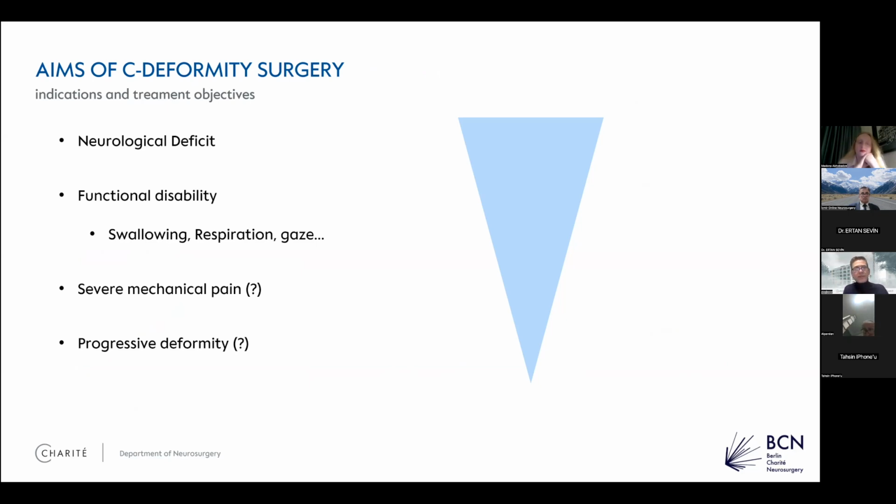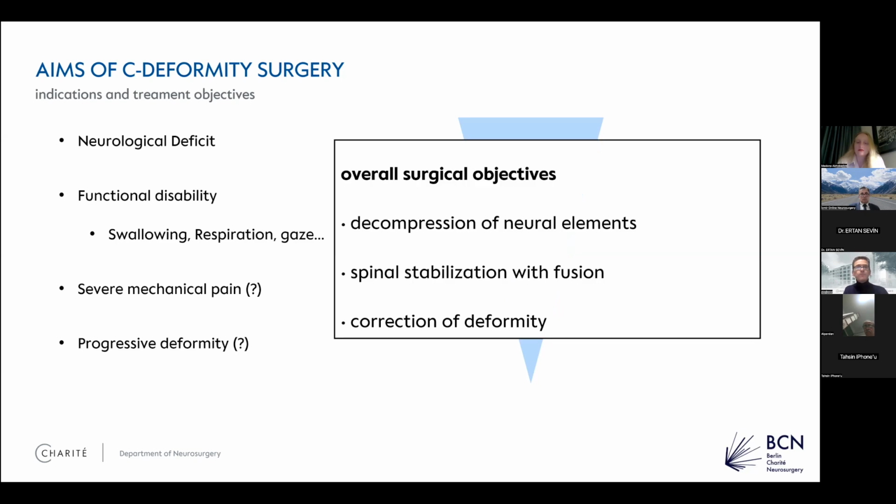But this has obviously changed. Today, we would operate these patients much earlier, maybe also for pain and also if patients are developing progressive deformity, not necessarily for degenerative disease, but maybe for post-inflammation or post-traumatic deformity, which is increasing.